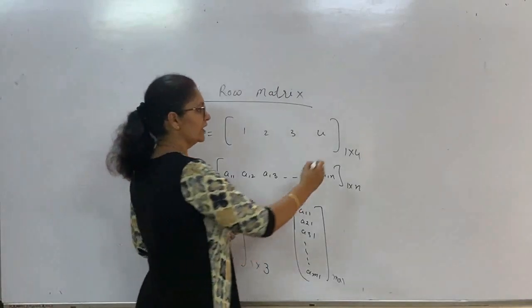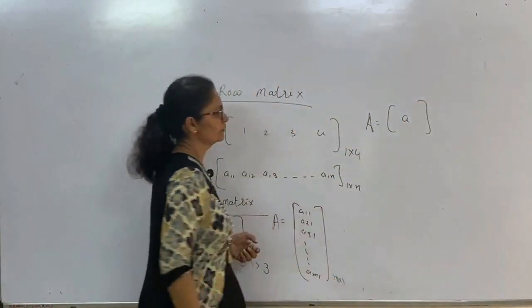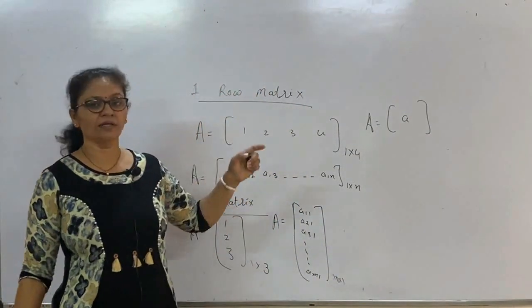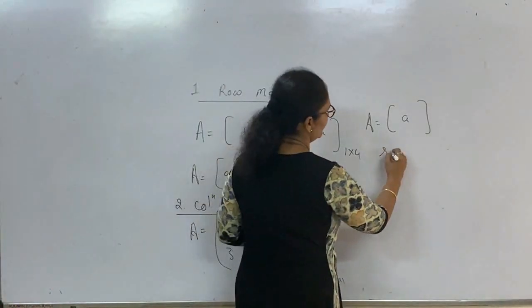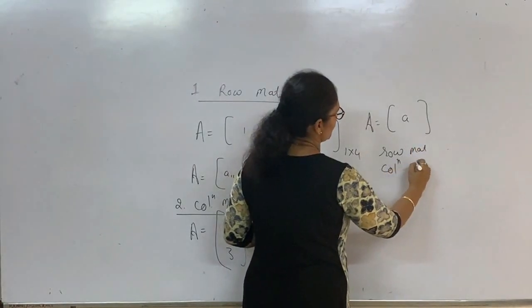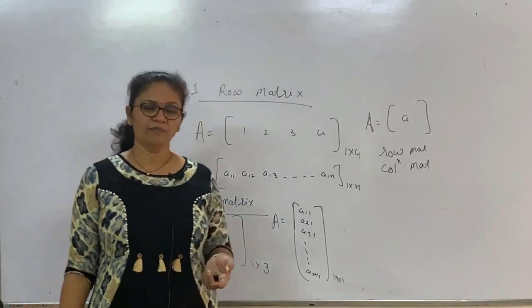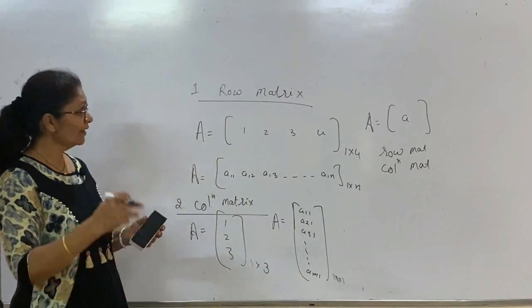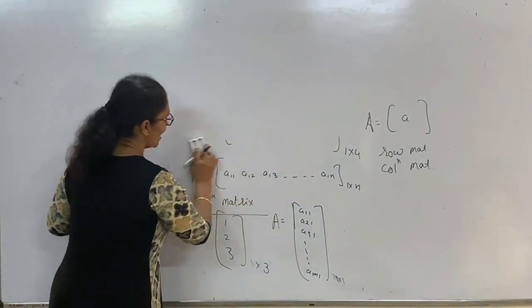I give you one example. If I take matrix A with one row and one column, this is a row matrix and also a column matrix. It is a 1 by 1 type.